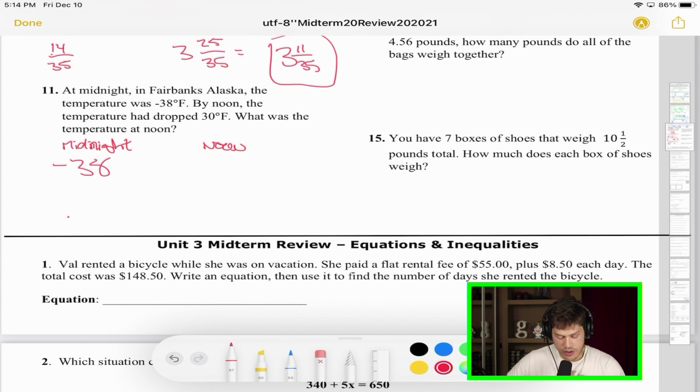Well, if it dropped 30 degrees, it would be minus another 30, so it would be -68. Is that what it's telling me? So I'm going to go with that. It doesn't logically make too much sense in my mind, so if I miss something on this one, comment down below. But if you have a temperature at -38 degrees and then it drops 30 degrees, you're going to be subtracting 30 more. And so that will take us to -68.